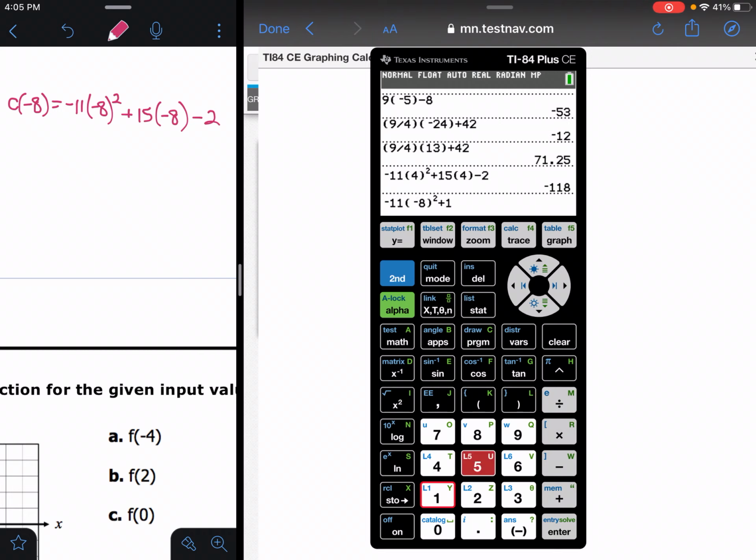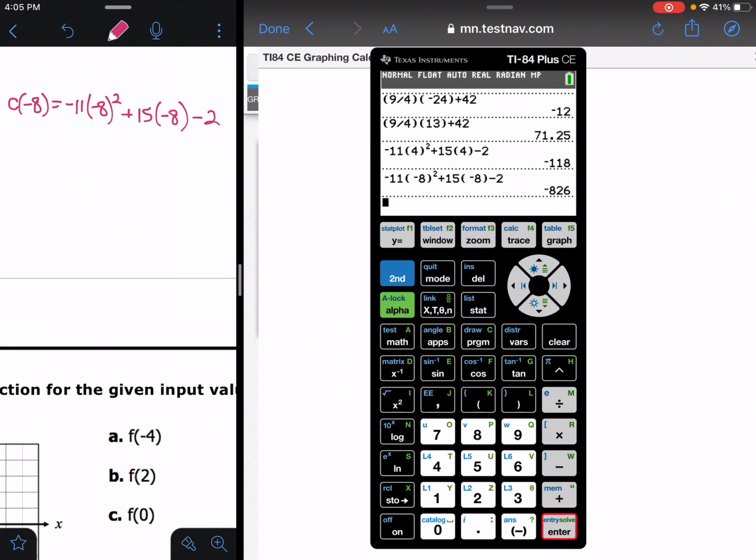Plus 15 times negative 8 minus 2. Enter. We get a big number, but that's okay. C of negative 8 equals negative 826. And again, this is how you want to write your answer always. There we go. All right, that's how you use your calculator.